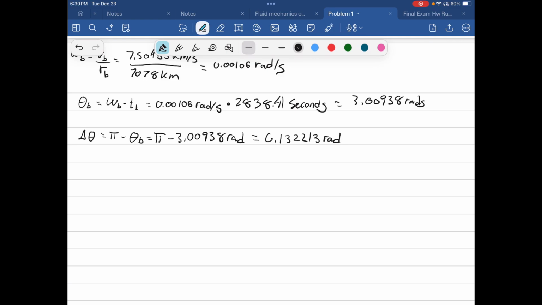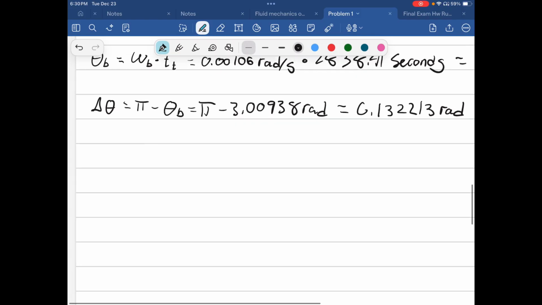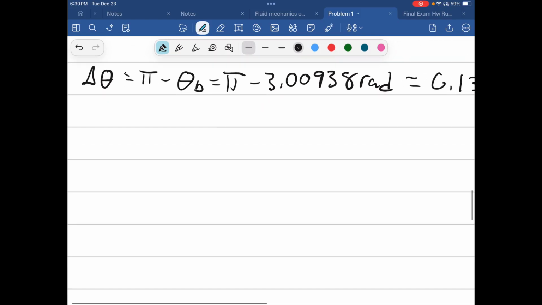Now for the last step of this problem, we need to calculate how long we need to wait until satellite A and satellite B's separation is this change in true anomaly value. So to do that, we need to first find omega A, or the angular velocity of A. First off, we start with our velocity A, doing the same thing we did for the first orbit.